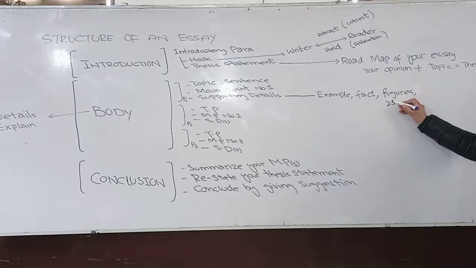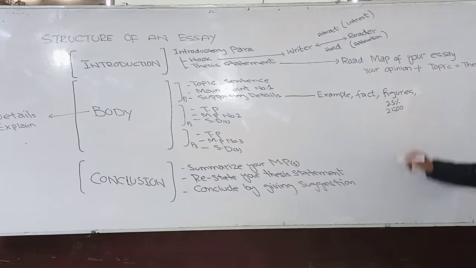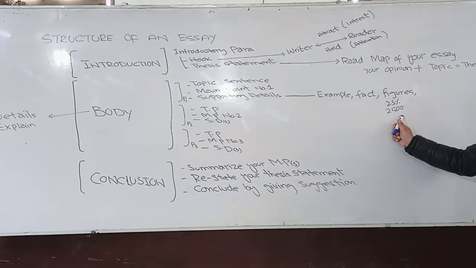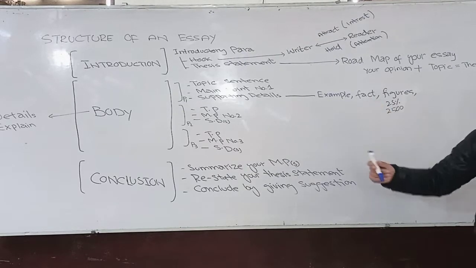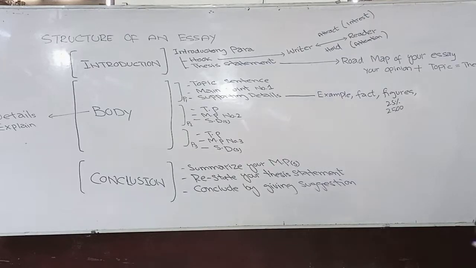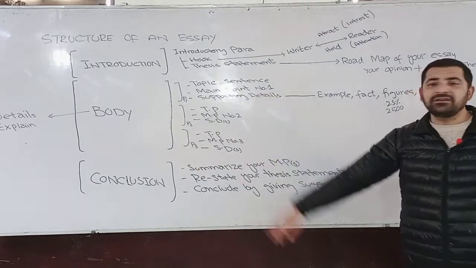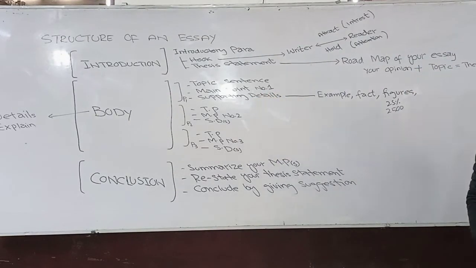For example, 25%, or you say 2,500 people. So this is what? A figure. Okay? Fact means anything that is true. And an example is anything that is supporting the point. So you could refer to studies, research.